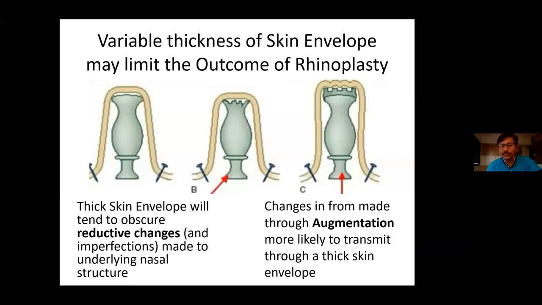So whenever you have to deal with a thick skin, you have to augment to reveal the changes and to reveal the things that you have done to the nose.